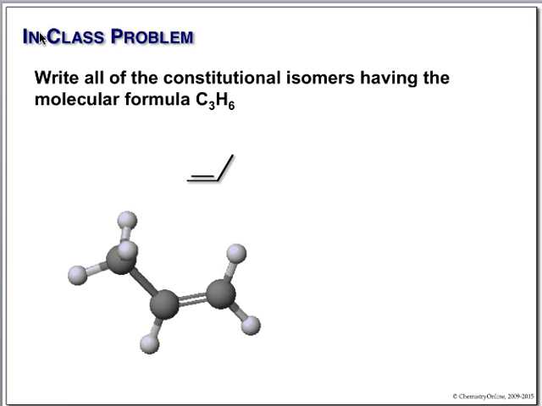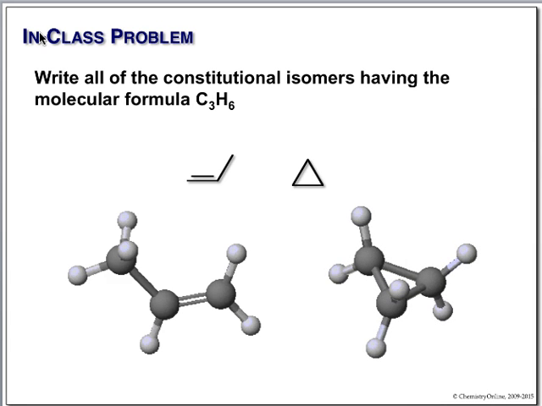There is, however, one more constitutional isomer here. What if we took our 3 carbons and we put them into a ring? Make a triangle. We'll refer to this as cyclopropane, and again it's 3 carbons in a ring and 6 hydrogens.